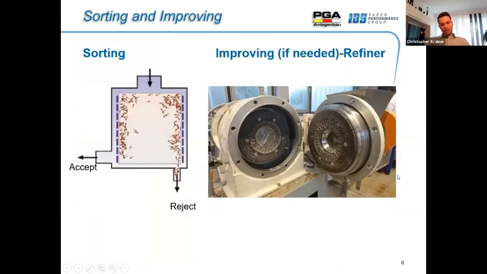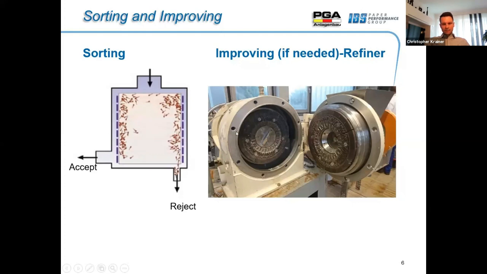The next steps are sorting and improving. Here on the left side, a screen, and on the right side, a double disc refiner. At the sorting, the stock suspension enters the screen here at the top. The individual and accepted fibers slip through the slots or holes. Those that do not slip through are sent to the next screening stage or to the rejects here in this part.